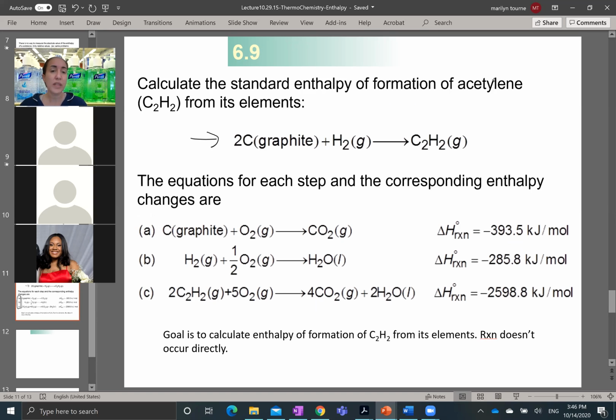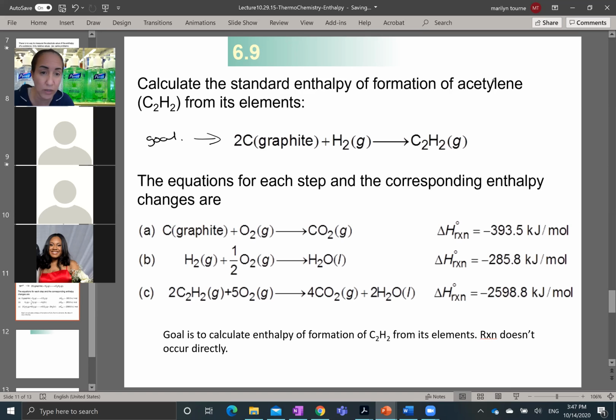So the way that you do it, and by the way, this is my favorite way because it's like a little puzzle, but it's super easy. So the point of this is that you have to find the enthalpy of reaction for this goal, right? So this is the goal reaction. They give you the steps, the actual steps, the individual reactions that it takes.